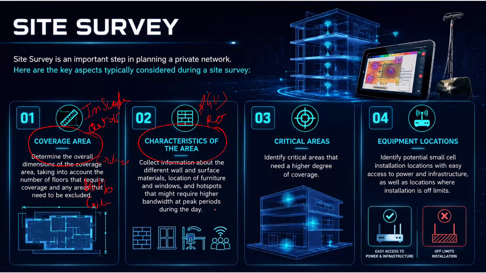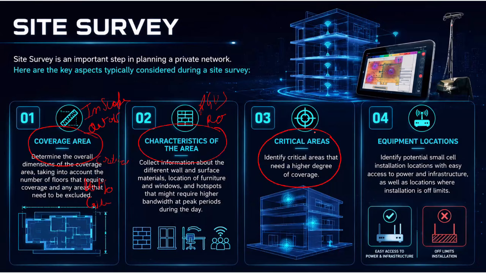The third thing is the areas. As I said earlier, not every area has the same coverage or capacity requirements. For example, a conference room may have a strong coverage requirement because many users could be connected at the same time. In a factory, the production line is very critical, right? So it has strong coverage and capacity requirements.